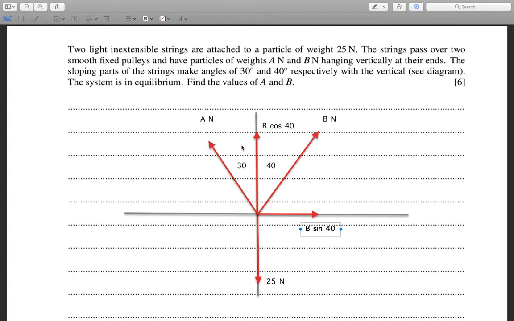Over A we have the same thing as with B. This is B cos 30, then this is for A cos 30, and also we have A sin 30.